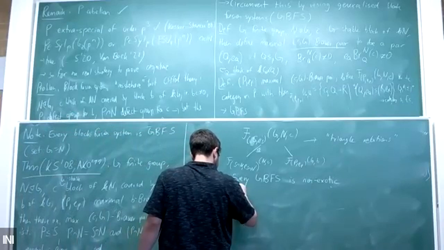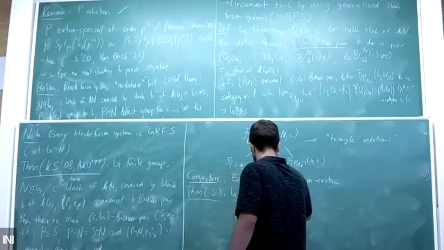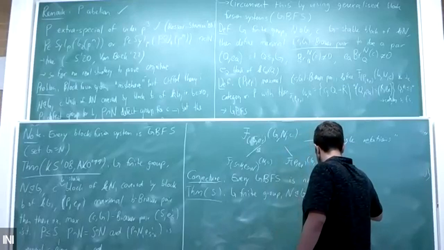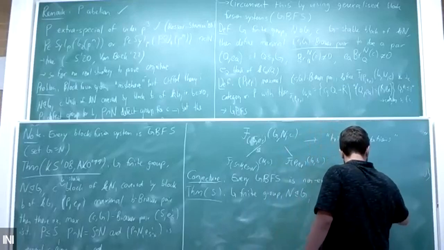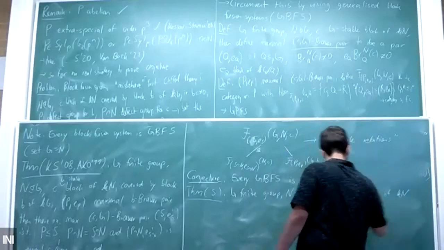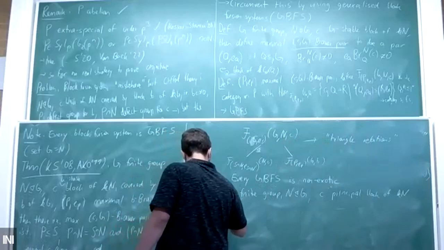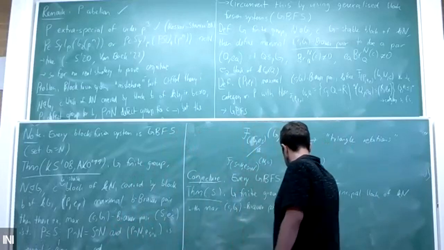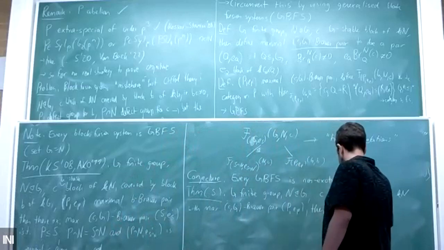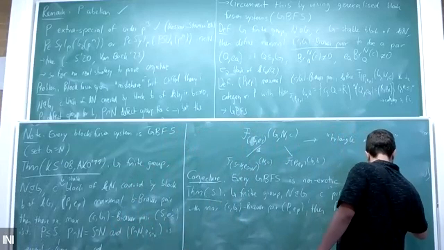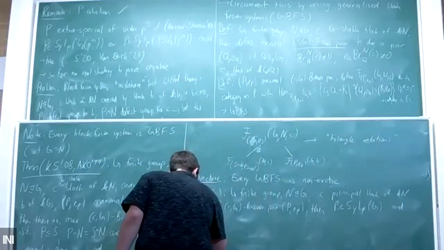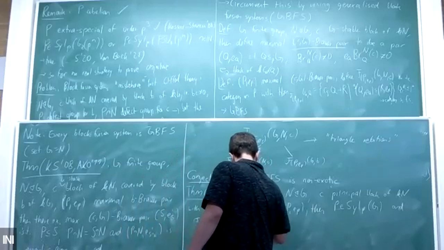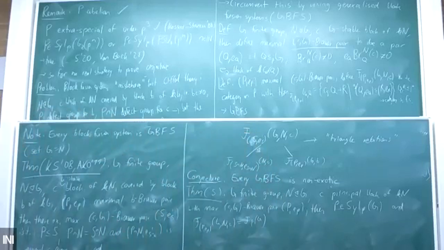So if we look at this, we take G to be a finite group, N a normal subgroup of G, and C the principal block of KN with maximal (C, G)-Brauer pair (P, e_P), and P is a Sylow subgroup of G, and the fusion system F_P(E_P, G, C) is the same as the fusion system F_P(G). So that's one first step.